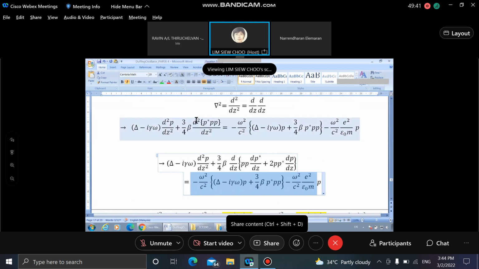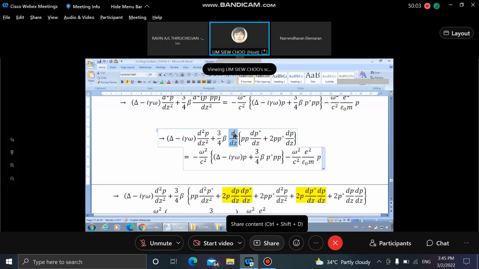Okay, so for this term, I do one of the derivatives first. This one is not yet done. So d square over dz square is the double of this. So this term is because of this. I take this out of the operation. There is still one more.